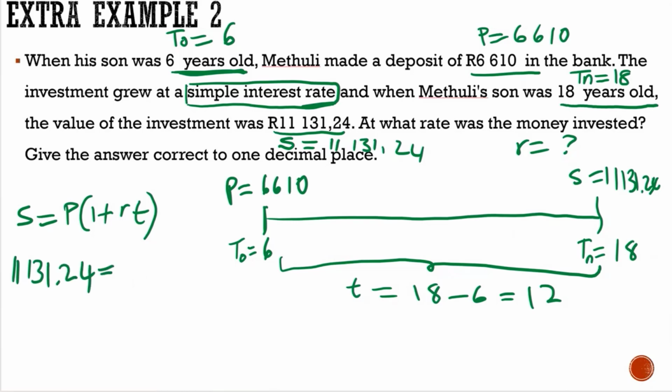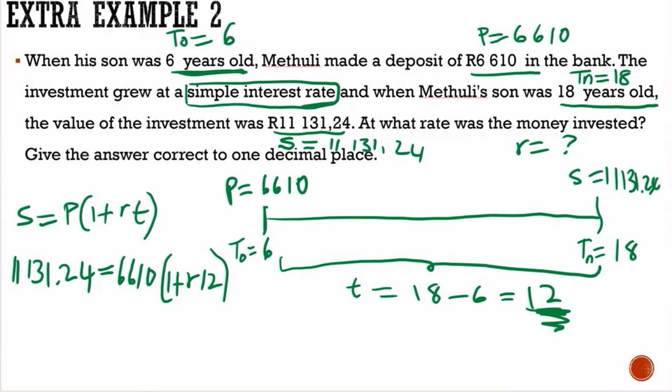So your S there is 11,131.24. What is your present value? The present value that was invested is 6,610 into 1 plus, you don't know your R, that's what you are looking for. The time, you've calculated the time. Okay, so your time there is 12.